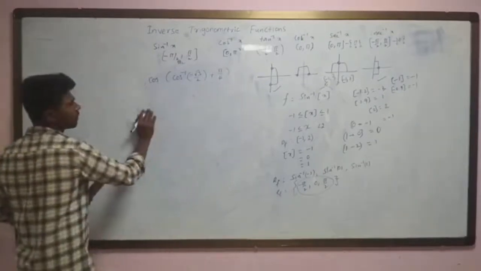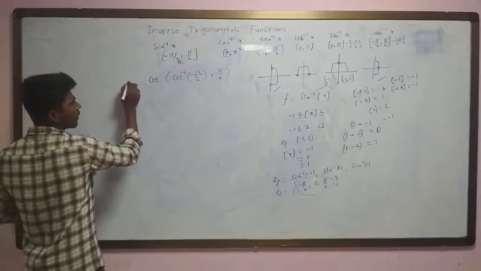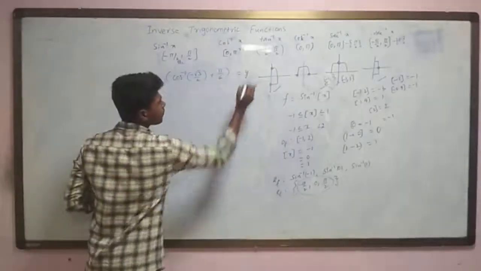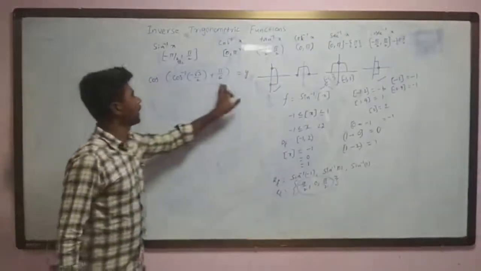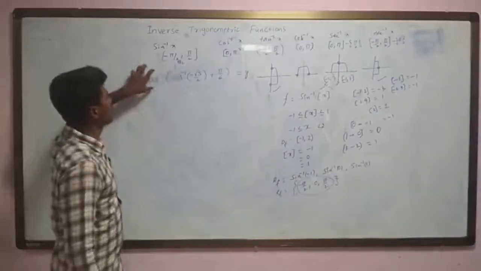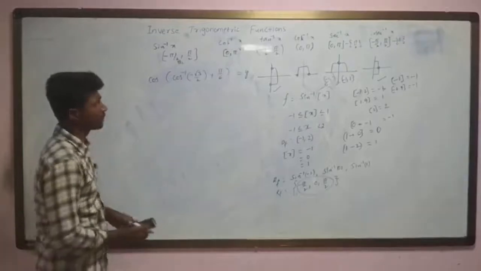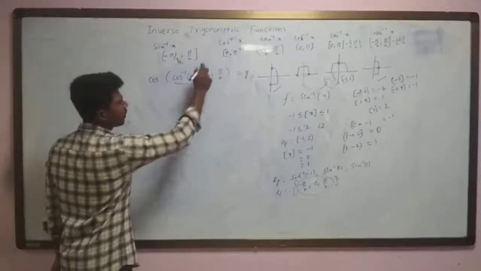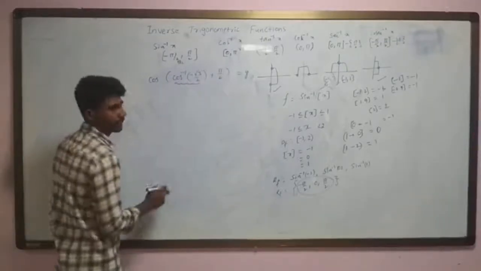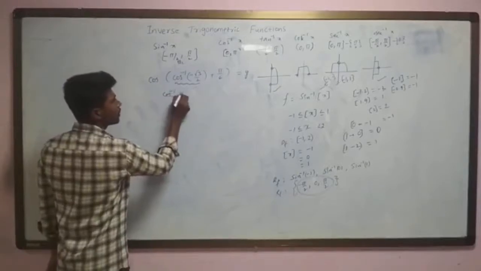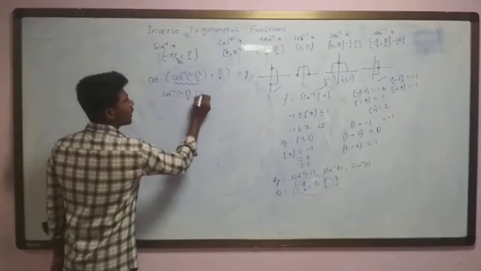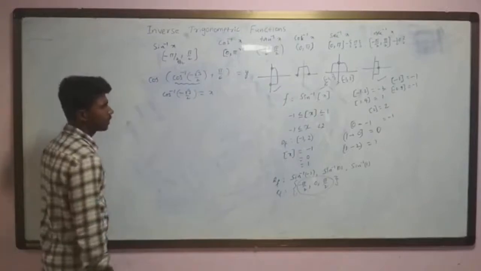This is the given question. If I consider the entire thing as y, we have to find the value of y. So for this, where we get the inverse, we consider cos inverse of minus root 3 by 2 as x. So let it be x.